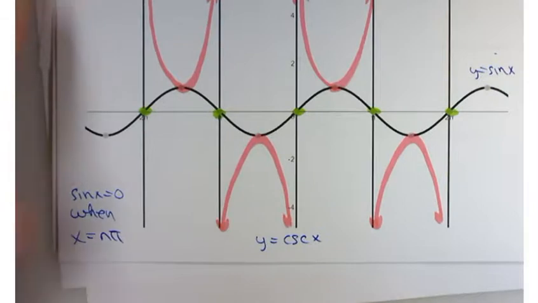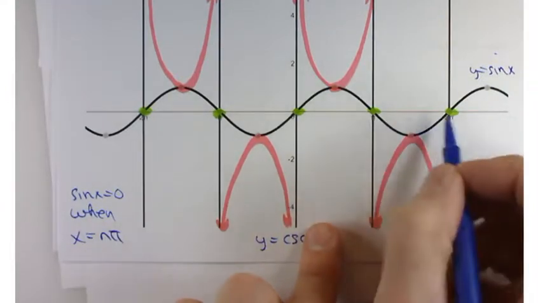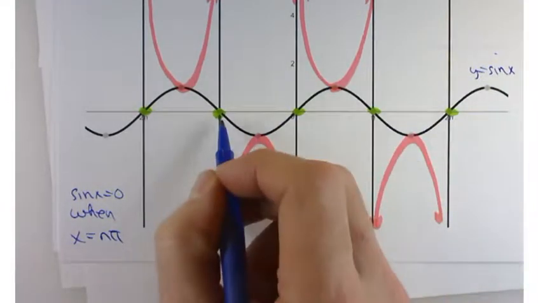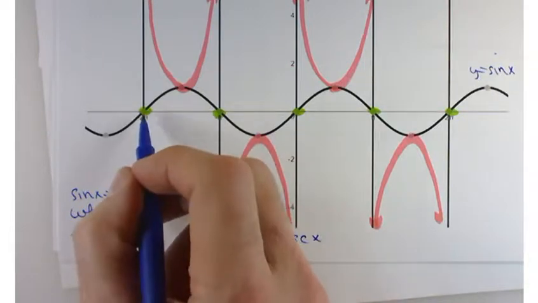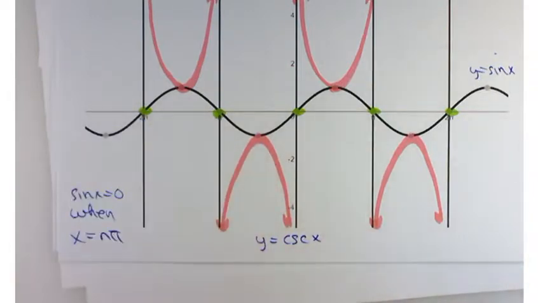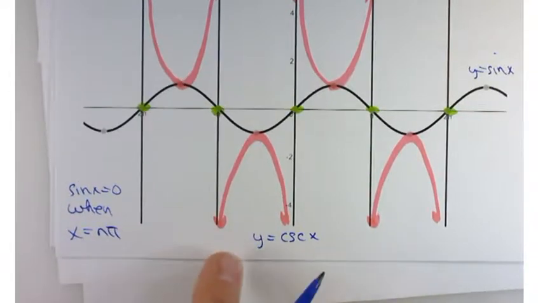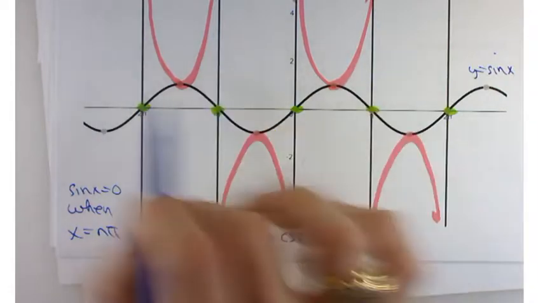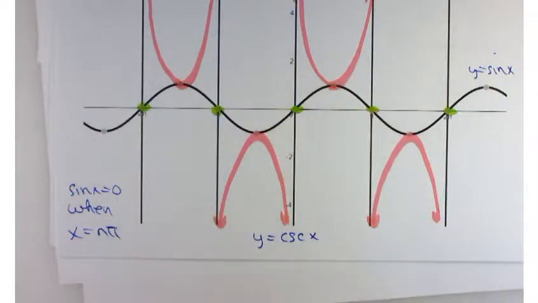So it could be pi, 2 pi, 0, negative pi, negative 2 pi, negative 3 pi, etc. So when x is a multiple of pi, then the sine of x is going to be 0. And its reciprocal function, the cosecant, is going to have that vertical asymptote.